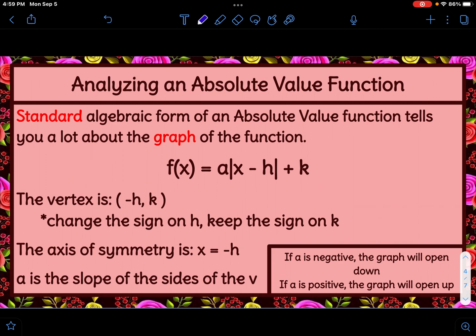It's a point, and you're going to change the sign on h and keep the sign on k. So change the sign on h. That's the negative h. And you're going to keep the sign on k.